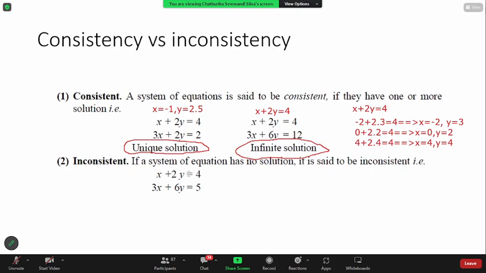Now again, tell me, solve these two equations and tell me what is x and what is y.